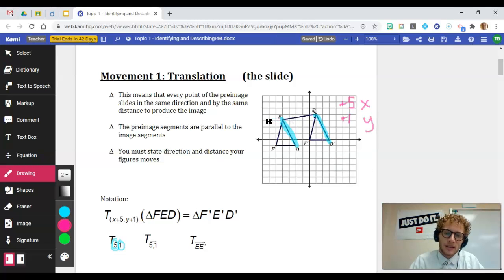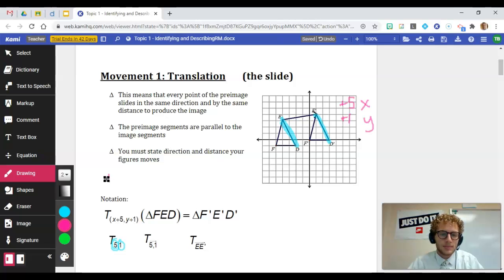If it was moving left, that would be negative. If it was moving down, that would be negative. Basic things from a coordinate, same order as if you were to write the point 3, 2. X direction first, y direction second.